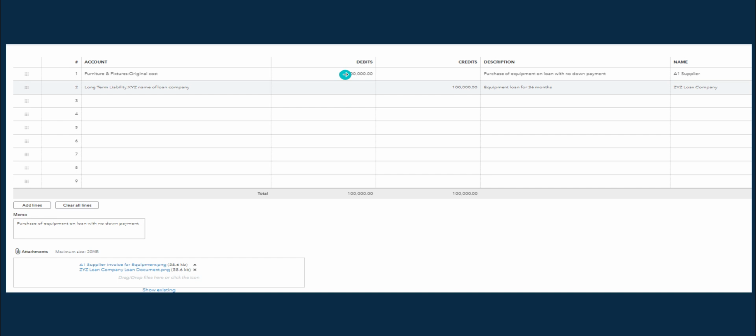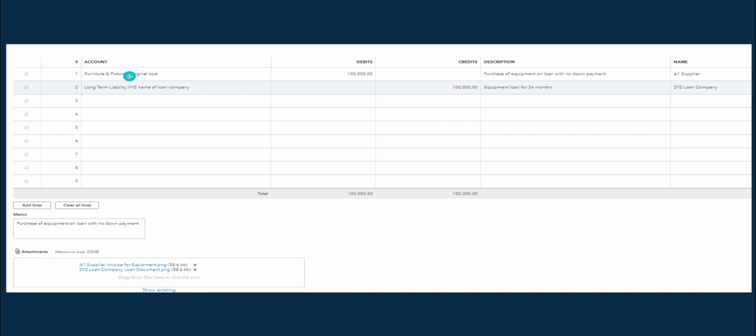So you bought it for $100,000. It's setting up a fixed asset for $100,000. And the other side is you have a loan for $100,000, and you're not making any down payment for this transaction. So this is the debit, your fixed asset equipment account, and the credit, your long-term XYZ loan company sub account.